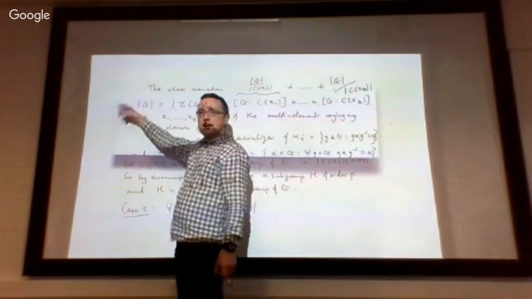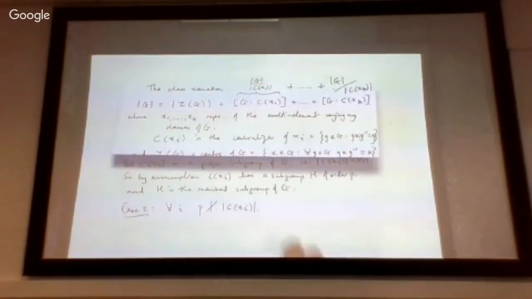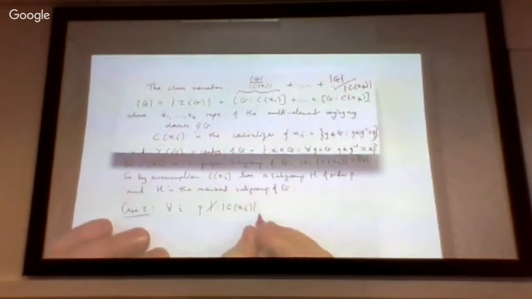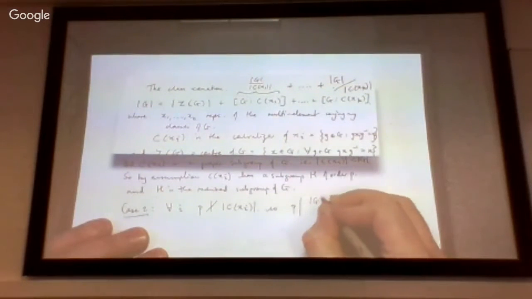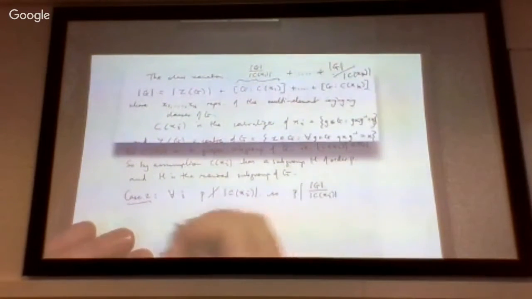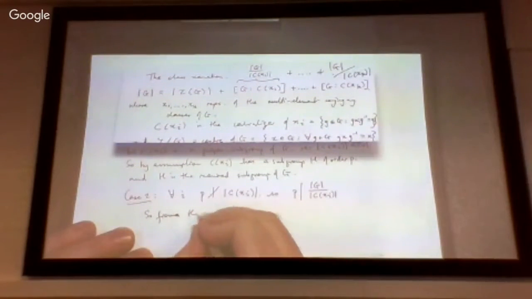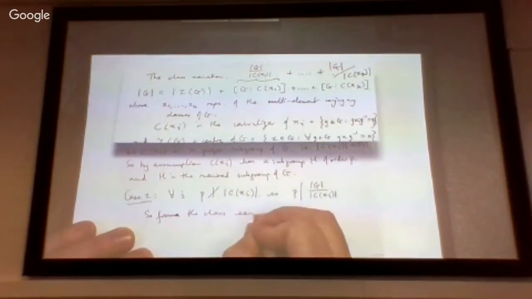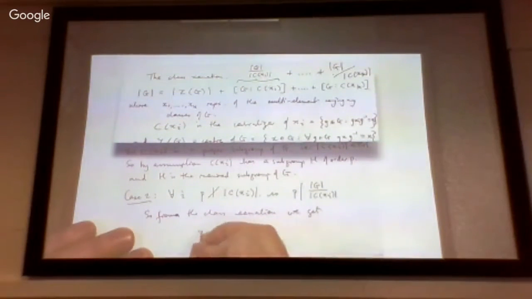So P must divide the size of the center. For all i, P does not divide the size of C(xi), so P does divide the order of G divided by the order of C(xi). So from the class equation, we get that P divides the size of the center.